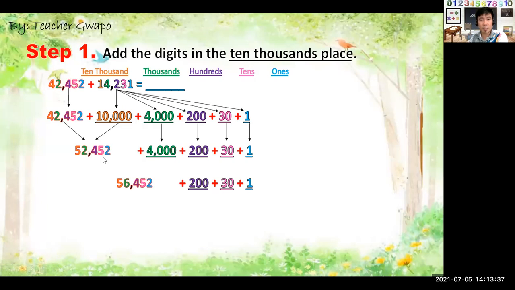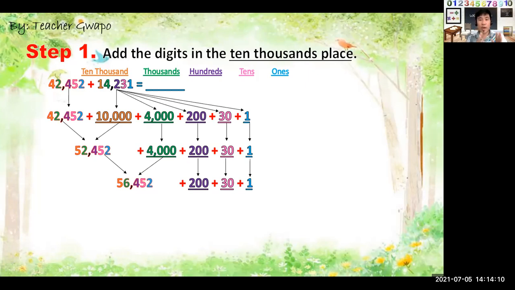So 2,000 plus 4,000 becomes 6,000, so it becomes 56,000. Okay, you got it? Again, 52,000. Why is it 6? Because 2,000 plus 4,000 is equal to 6,000. So we will just continue. We write the 200 here, the 30, and then the number 1.